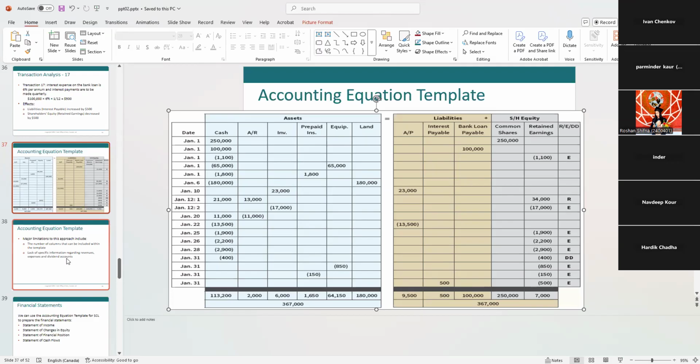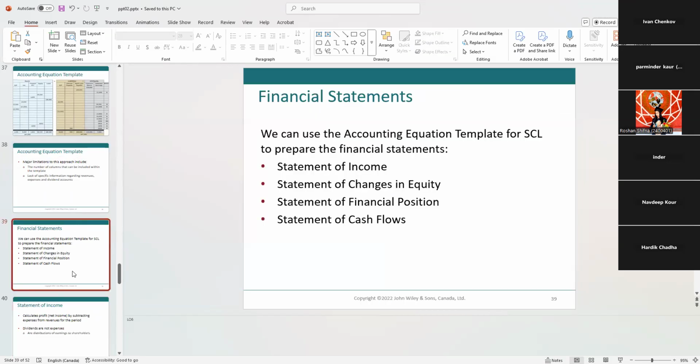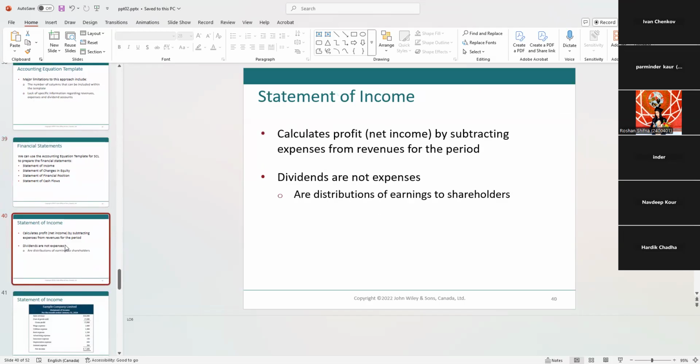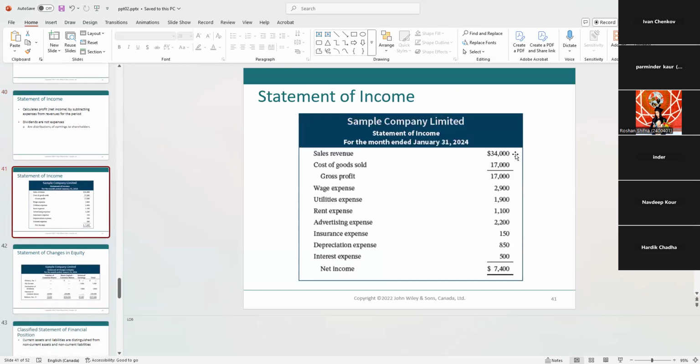From here, what we did first was calculate the net income. We started preparing the statements: net income first, changes in equity second, financial position third, statement of cash flow fourth, and notes to the financial statements last. Again, calculate the net income by subtracting expenses from the revenue. We get the revenue, put all the expenses, and come up with the net income.